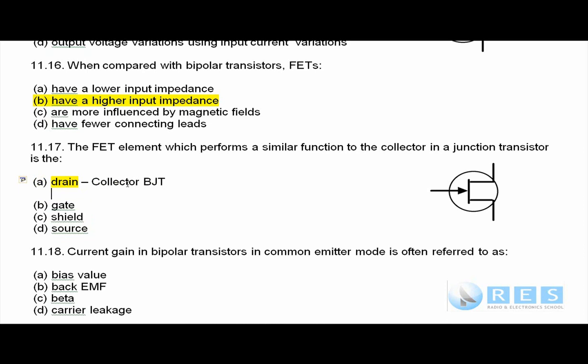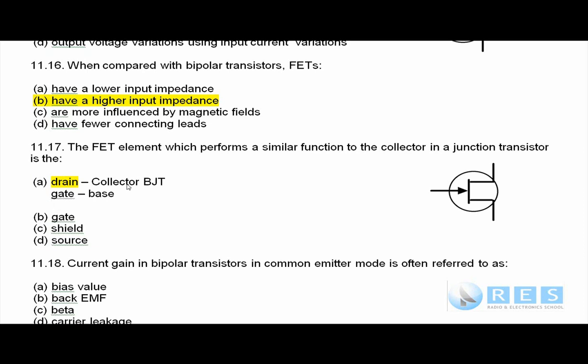The gate of a FET is the base of a BJT, and the source lead is the same as the emitter lead in a BJT. Drain is to collector as gate is to base as source is to emitter.